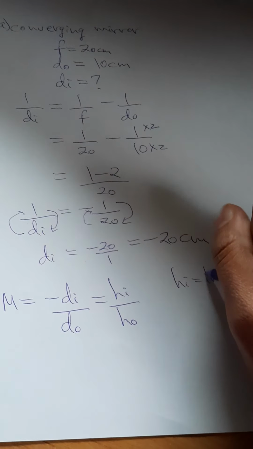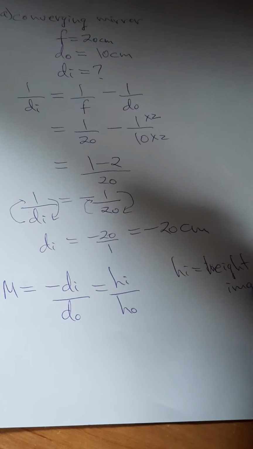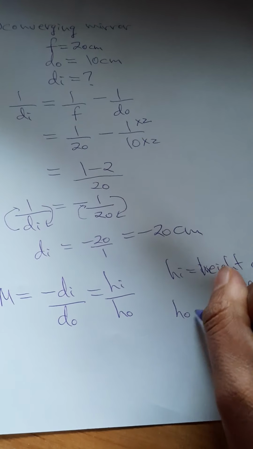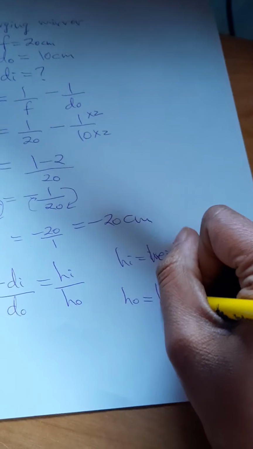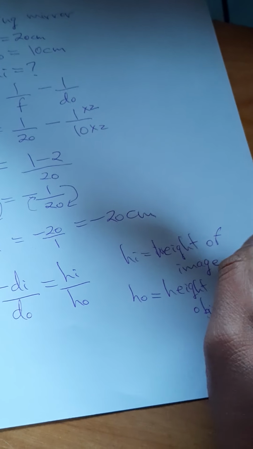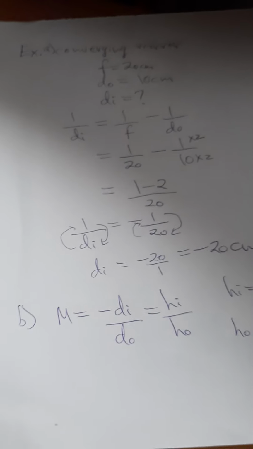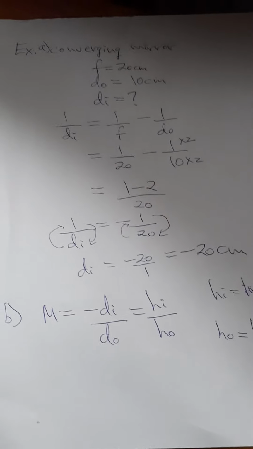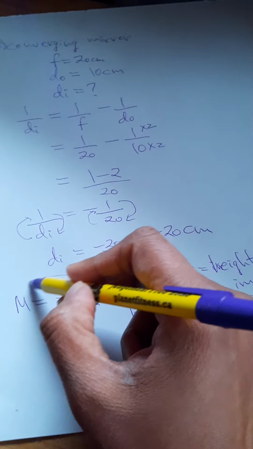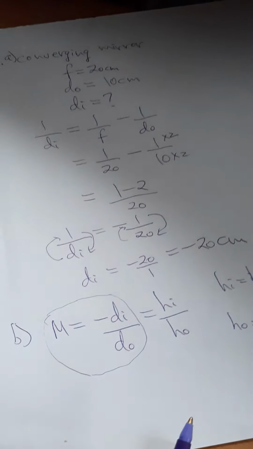Hi is the height of my image, whereas ho is the height of the object. The magnification is basically how big or small the image itself is. What we can use is just one part of this equation. So I'm going to make a circle around it. This is what I want to use.